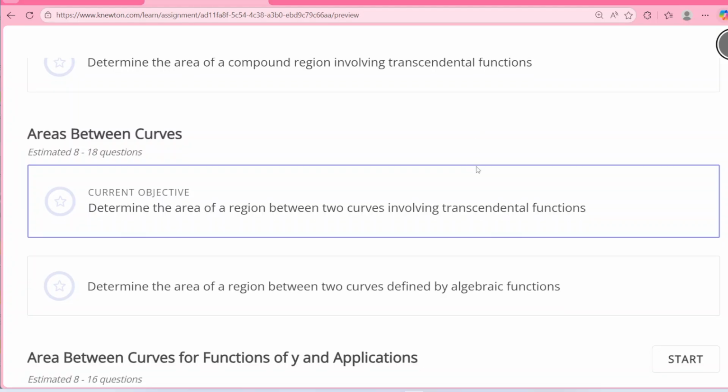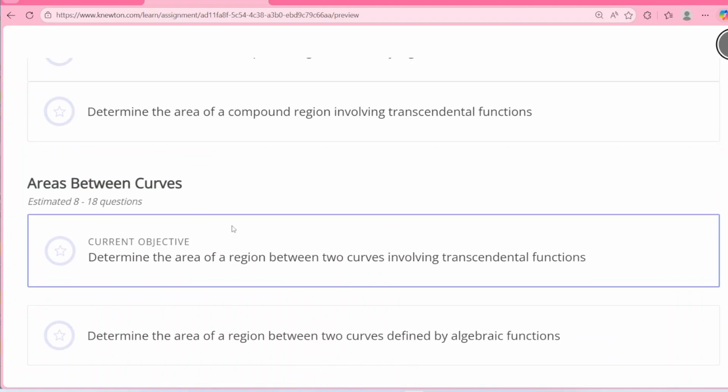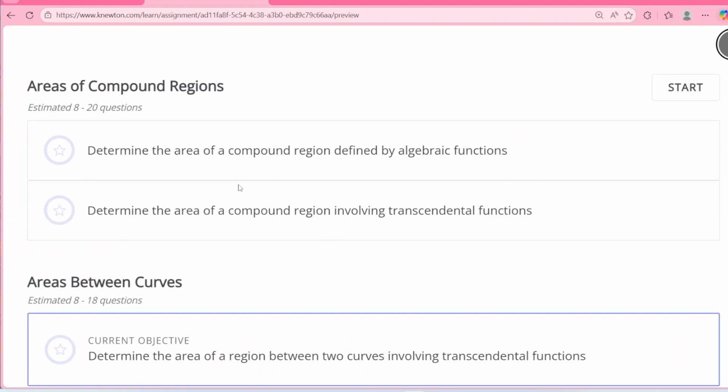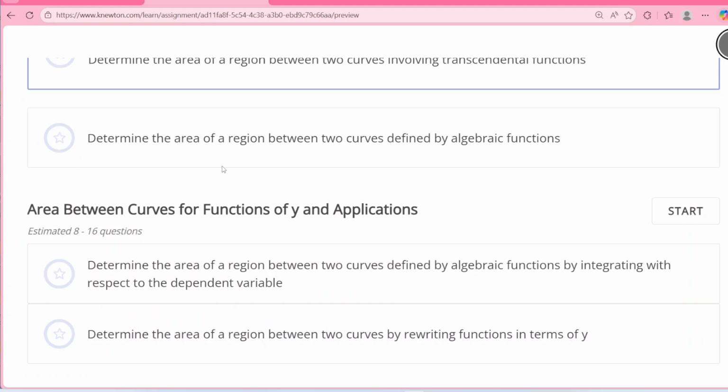So we're first going to be on these 2 objectives under the heading Areas Between Curves. And then it's going to throw us into one of the other 2 after that. And we'll stick to maybe area of compound regions and area between curves for functions of y and applications.